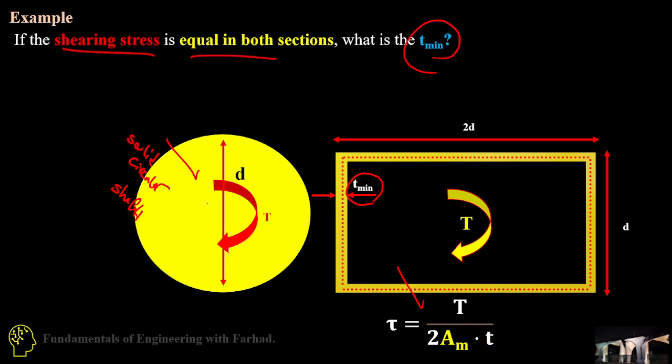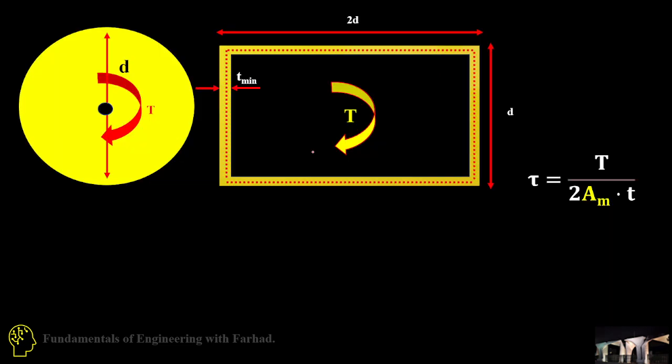And we do know the diameter of the solid shaft is D, like the width of our rectangular cross section, and at the same time they do have tau circle equal to tau rectangle.